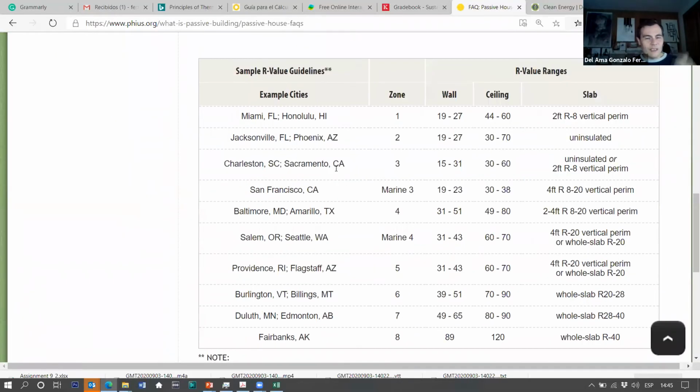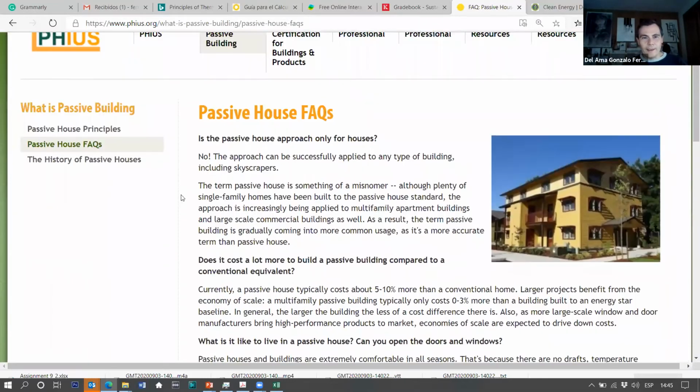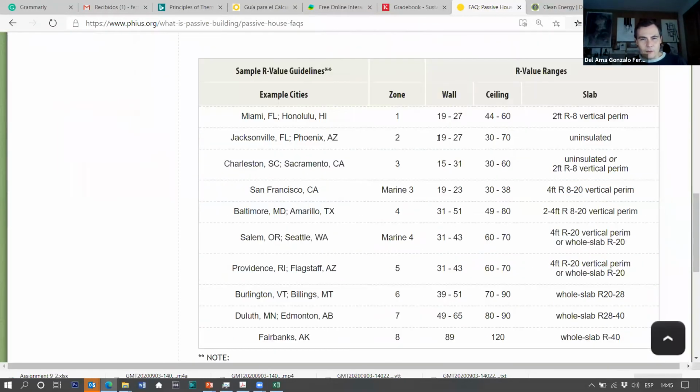If I'm designing a house in Jacksonville, Florida, what would be a good R value for walls? Around 20, 25 is good. Okay, and you should be able to give this citation. So we need to say, okay, I have taken this value from this institution or from this website.